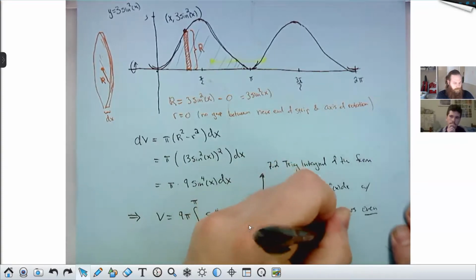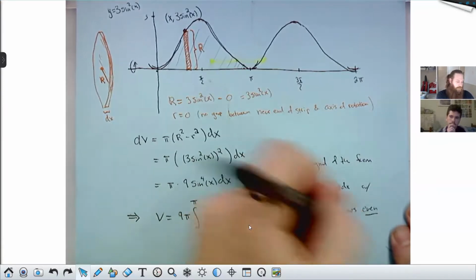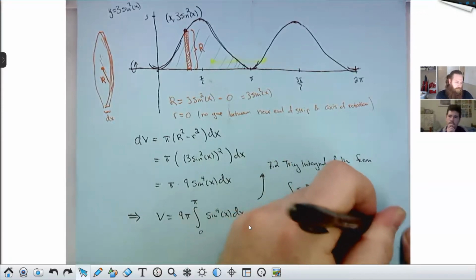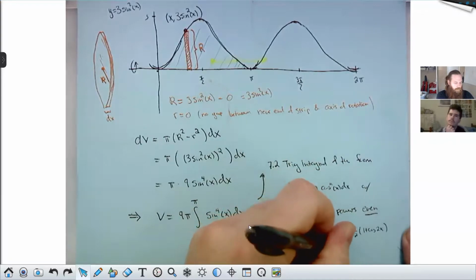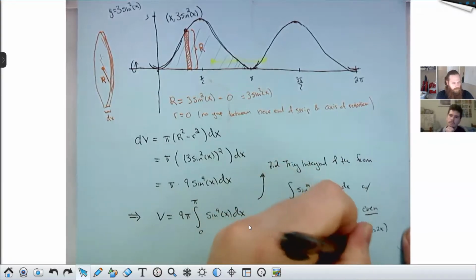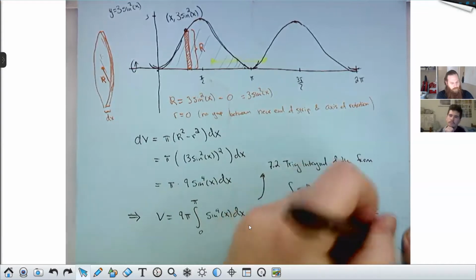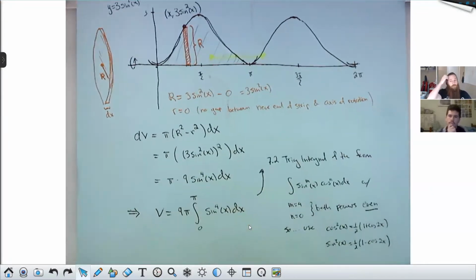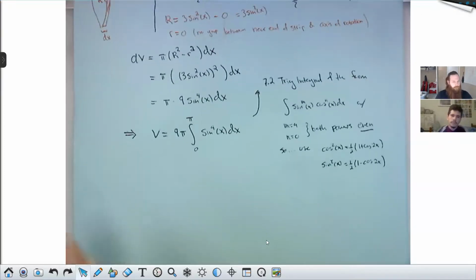We use the identities cos squared equals 1/2 (1 plus cos 2x), and sine squared equals 1/2 (1 minus cos 2x). We're going to use these until we've broken this down into something we know how to take an integral of right away. Because the power here is 4, we're going to have to do quite a bit of this, but we'll get through it.